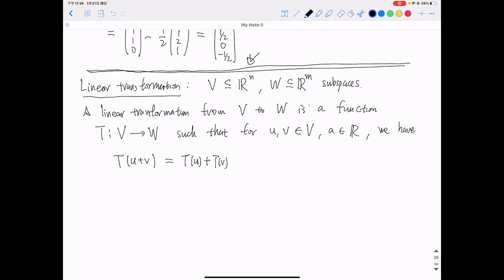One of the requirements for being a linear transformation is T of U plus V is T of U plus T of V. The other requirement is that T applied to the vector A times U is the same as A times T of U. So these two are the requirements for being a linear transformation.